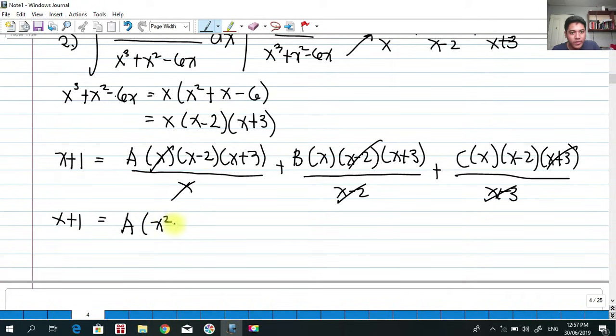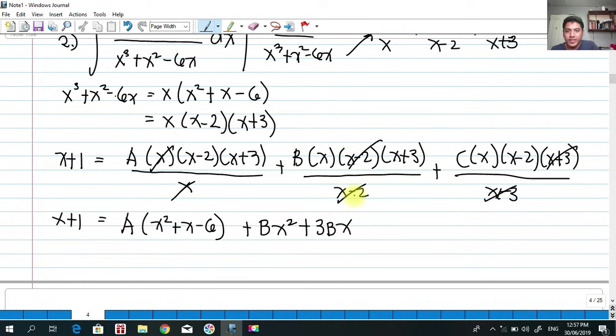So we have a times x squared plus x minus 6, plus, let's distribute this, bx squared, b times x is bx times x, plus 3bx, because we have distributed bx here.